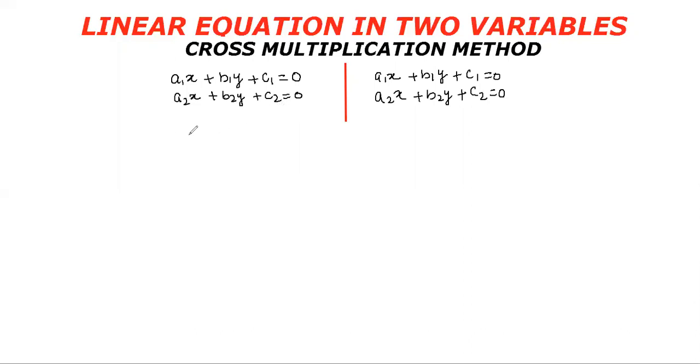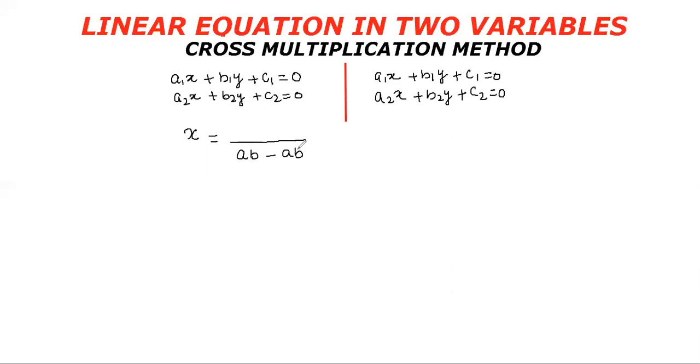Now children, see, if you are willing to get the value of x, what will you do? You have to remember that the denominator of this formula will have a and b only.